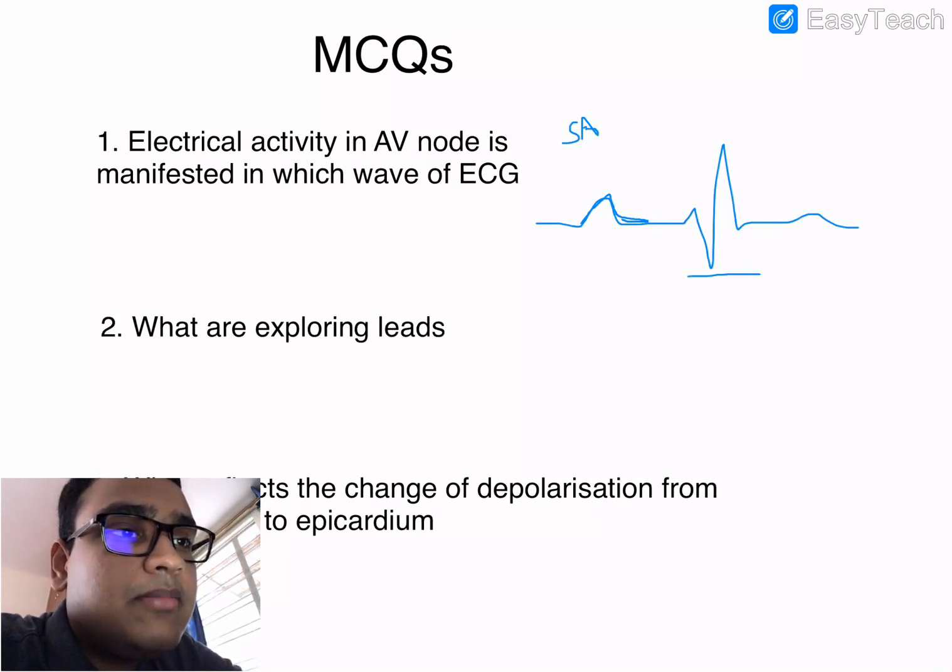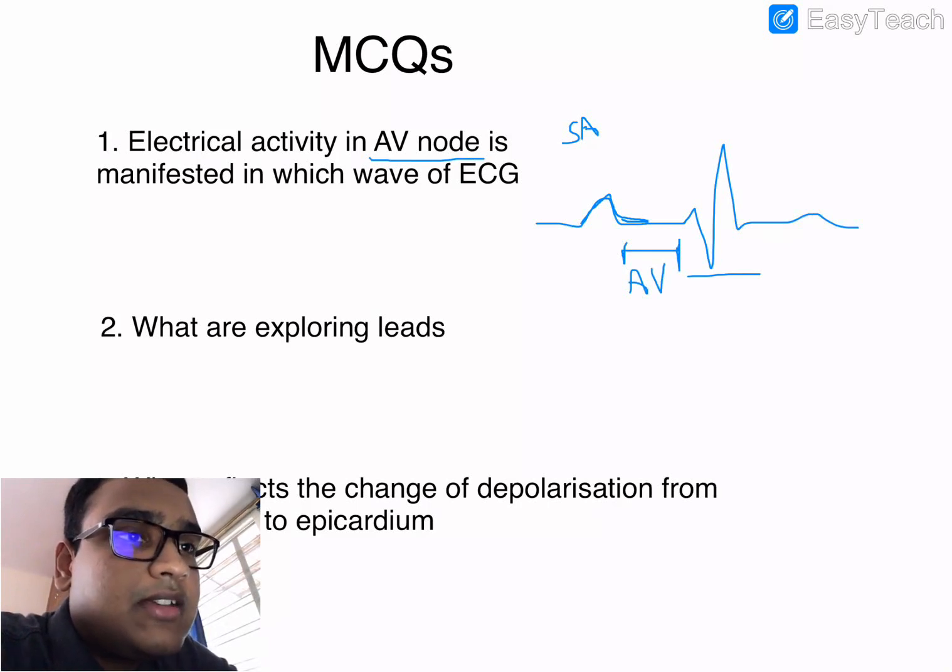So anything between this atrial and ventricular depolarization should indicate AV node electrical transmission. So this segment here represents AV node transmission. So what represents AV node transmission? The segment between the P wave and the beginning of QRS represents AV node transmission.